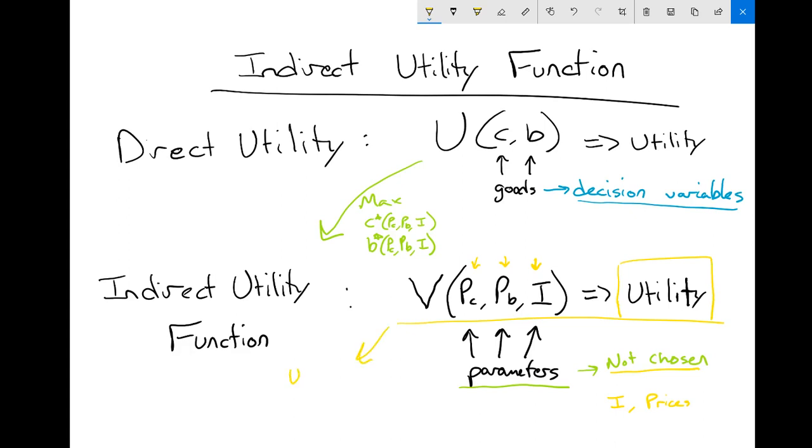So this gives us the utility at the optimal. Or we could say, assuming the agent chooses their optimal bundle at those parameters.